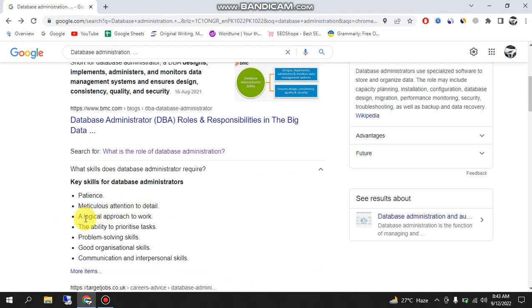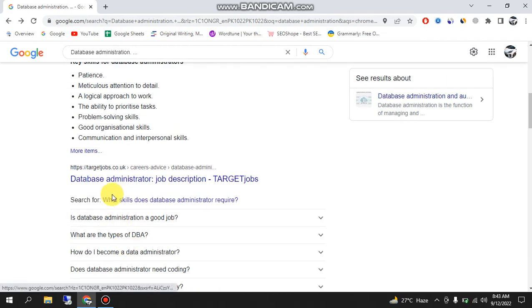Number three, a logical approach to work. Number four, the ability to prioritize tasks. Number five, problem solving skills. Number six, good organization skills. Number seven, communication and interpersonal skills. What are the types?